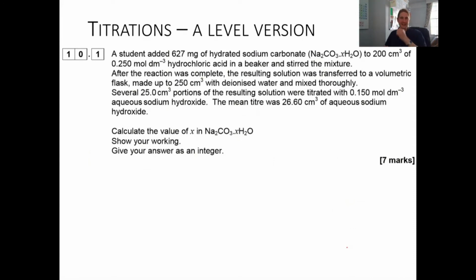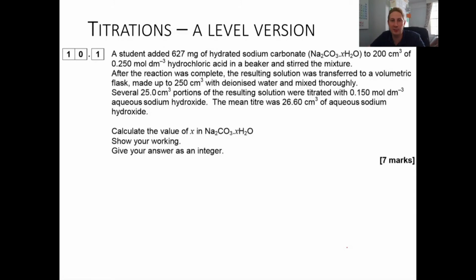But let's have a look at how that can be extrapolated to an A-level question. A student added 627 milligrams of hydrated sodium carbonate to 200 centimeters cubed of 0.250 mole hydrochloric acid in a beaker and stirred the mixture. After the reaction was complete, the resulting solution was transferred to a volumetric flask made up to 250 centimeters cubed with deionized water and mixed thoroughly.